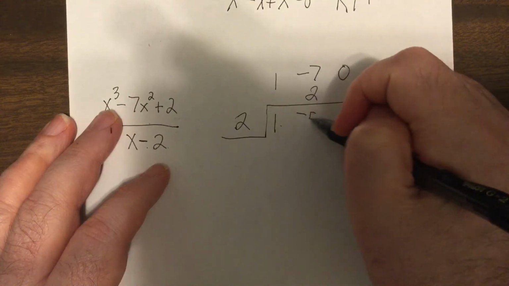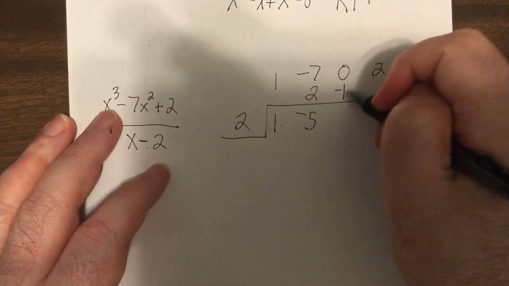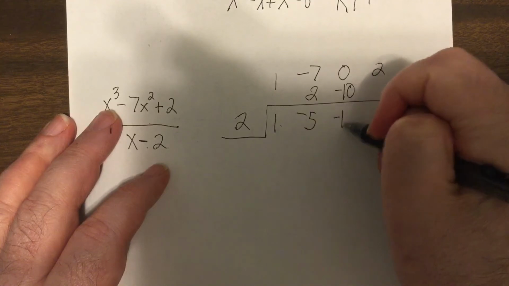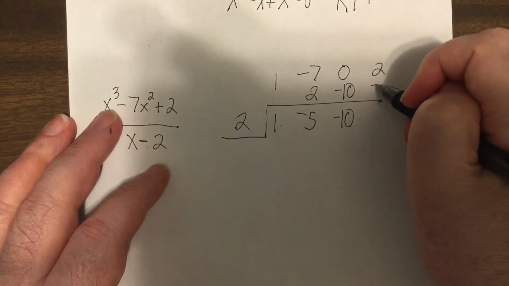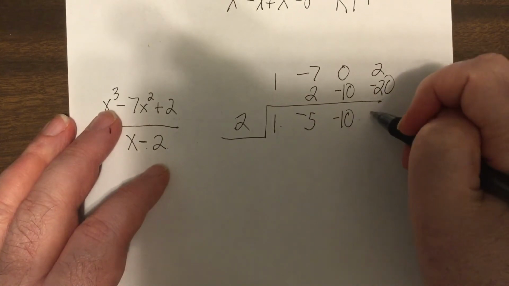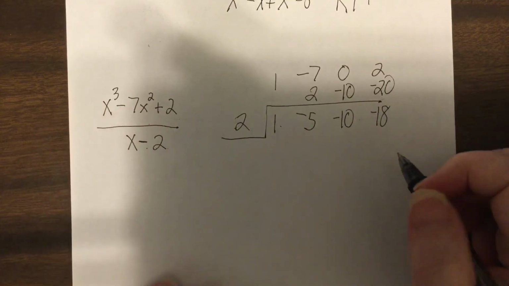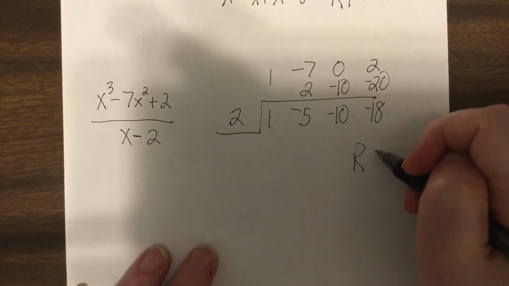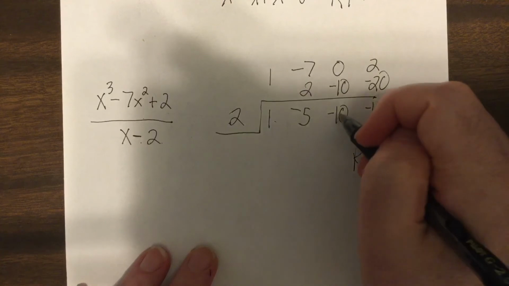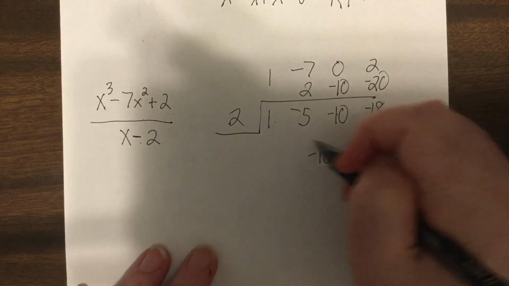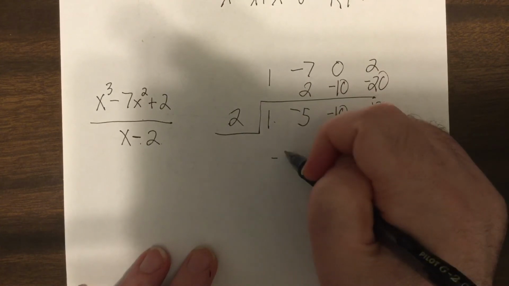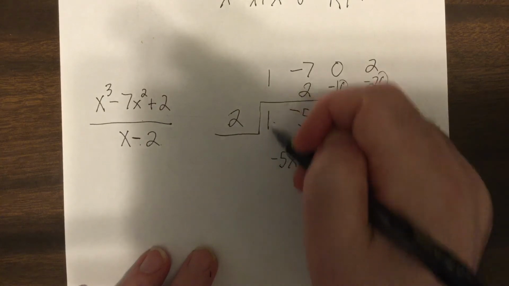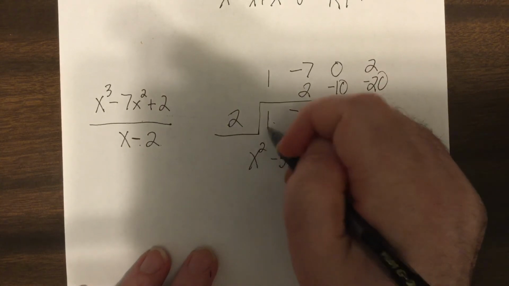Add, bring down negative 5. Multiply, that's negative 10. Then negative 20, and this could be negative 18. So the remainder is negative 18. The constant is negative 10, then minus 5x, and then 1x squared.